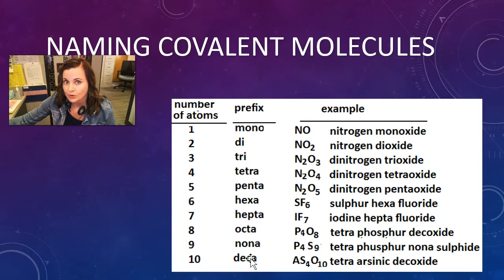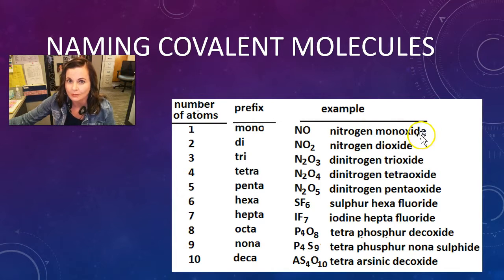When you name them, typically what you do is you put a prefix on if it has a subscript. Except for, remember, 1 has no subscript at all. The only time you use the prefix mono is for the second part of the compound, or the molecule. You don't say mononitrogen monoxide, you just say nitrogen monoxide.